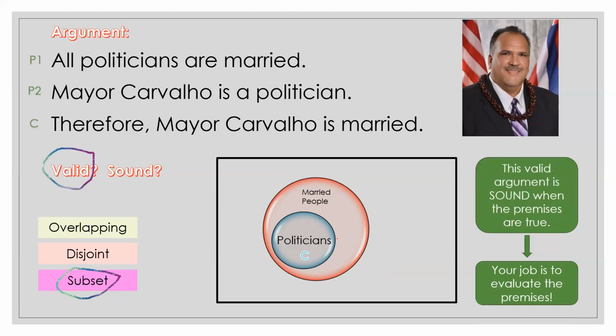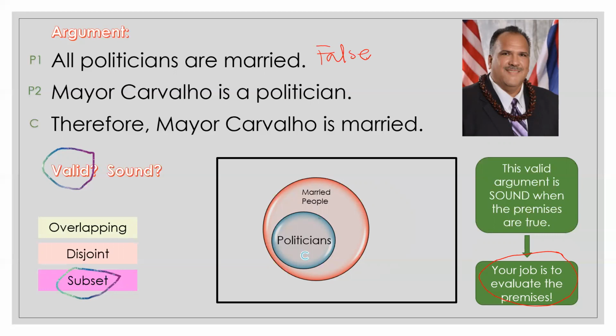Is it sound? Well, this argument is sound only when the premises are true. So your job here is to evaluate the premises. Do we think all politicians are married? No, not true. This is false. And once we know that one of the premises is false, we can say that the argument is not sound.